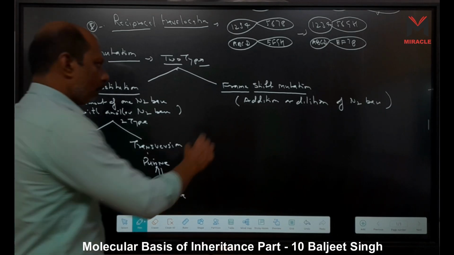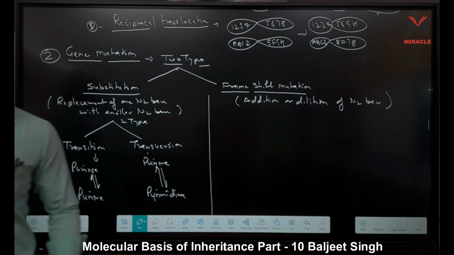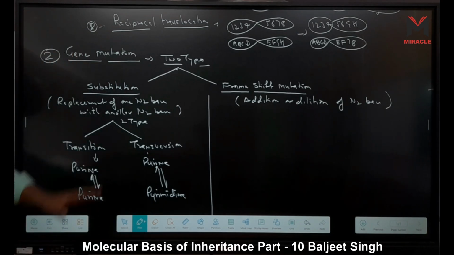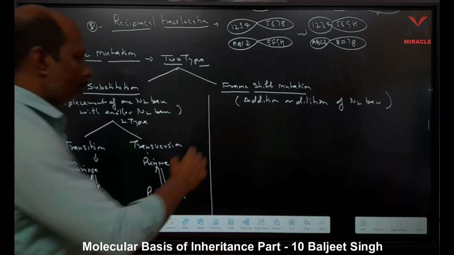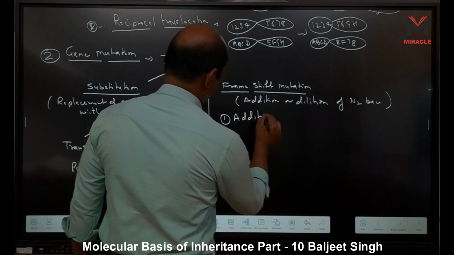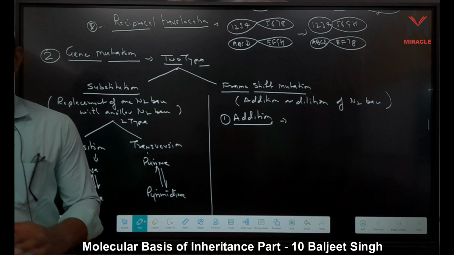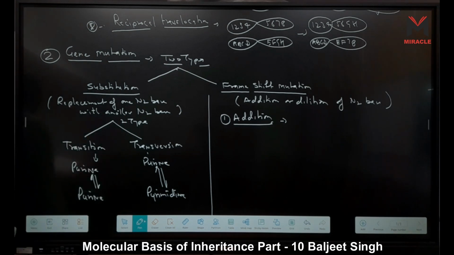Second is our frame shift mutation. The frame shift mutation is also of two types, as I told you: addition or deletion. The first one is addition of one or two nitrogen bases. If one or two nitrogen bases are added, then the reading frame is changed.